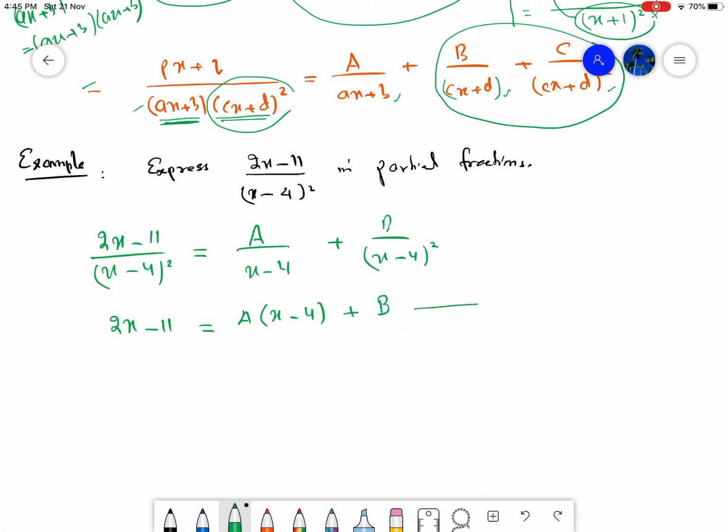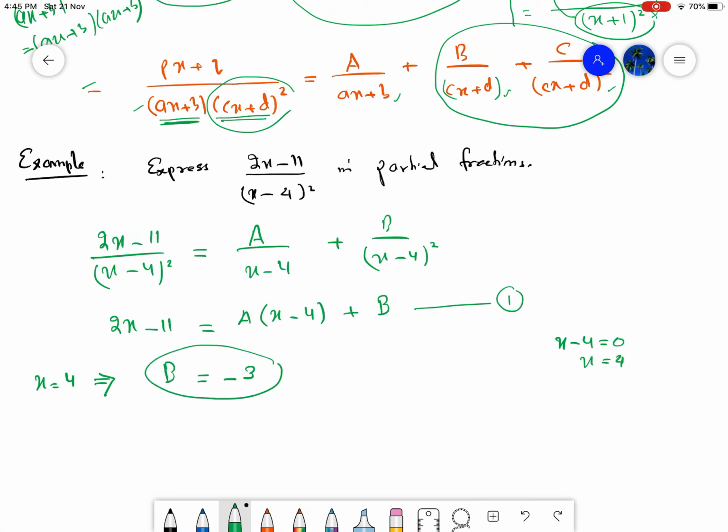So this is our equation in the simple form. Now you can see that there is only one factor, which is (x minus 4). If you say x minus 4 is equal to 0, then x is equal to 4. So putting x equal to 4 in equation 1, we will get the value of B, which is equal to minus 3.